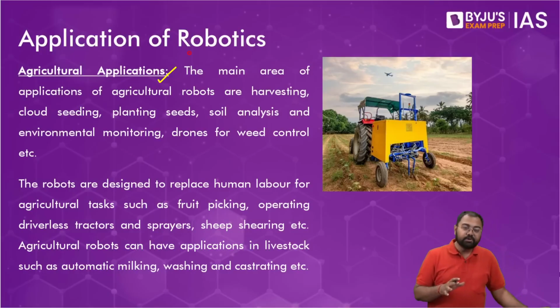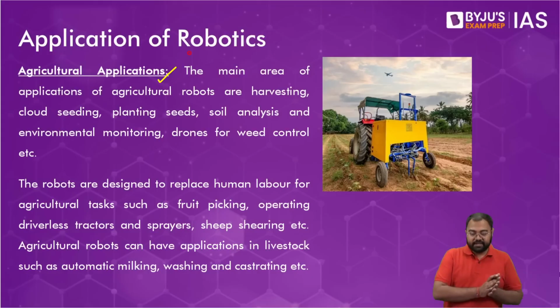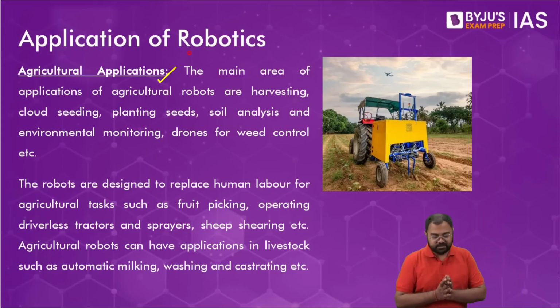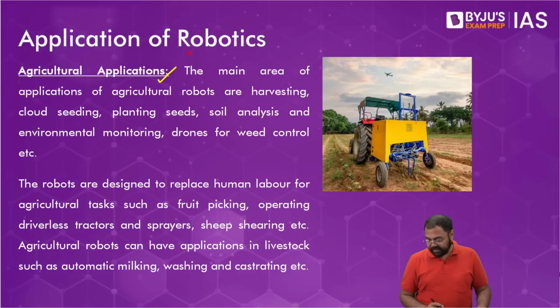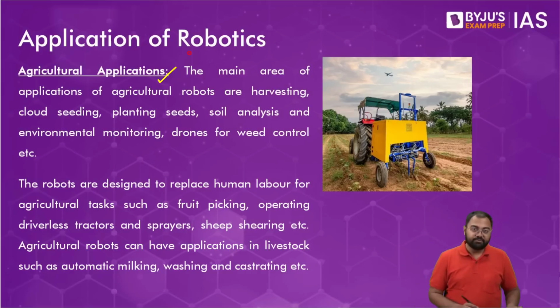Now in India, although we have not seen this happen, agricultural applications is not where robotics is being used much, but it's possible. For various different tasks related to agriculture, we can actually make use of robots.